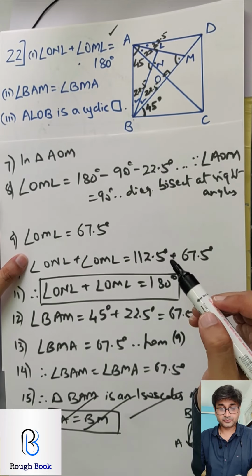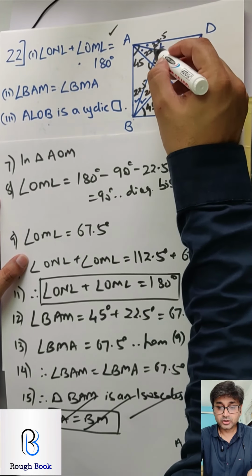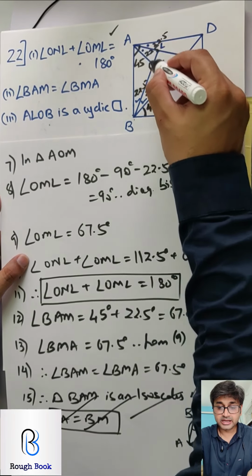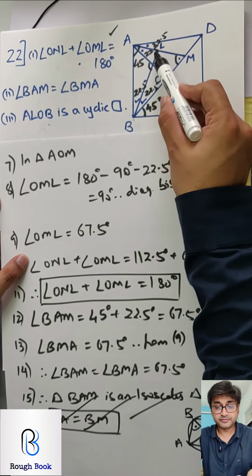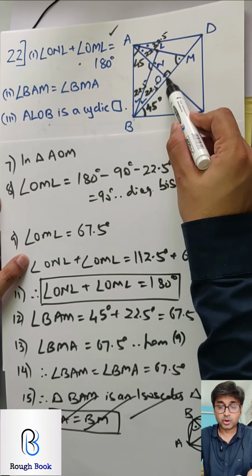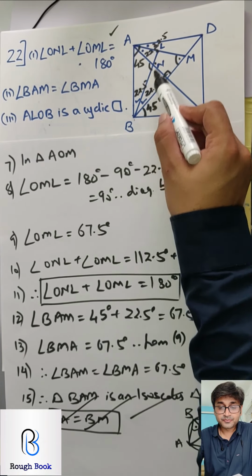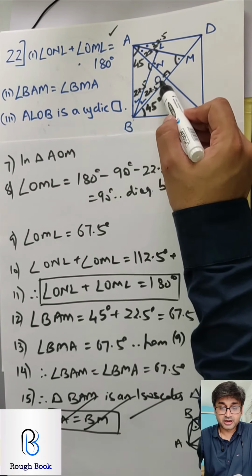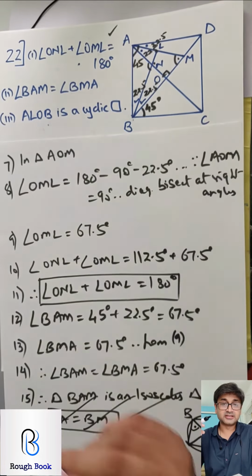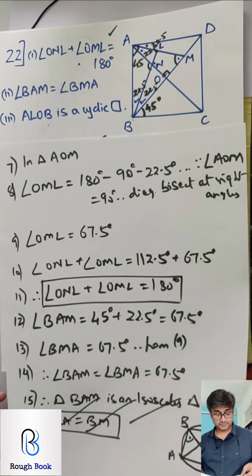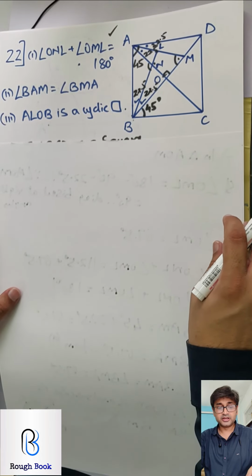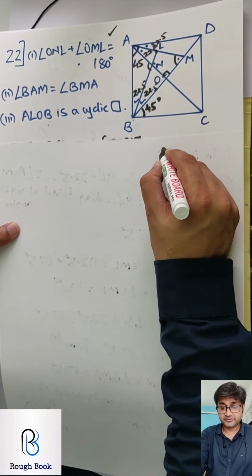ALOB is our target, correct? So if I look at this carefully, LAO is 22.5, LBO is also 22.5. So both the angles are inscribed in the same arc, and therefore we can say this is a cyclic quadrilateral. So let me magnify it so that we can understand it really well.